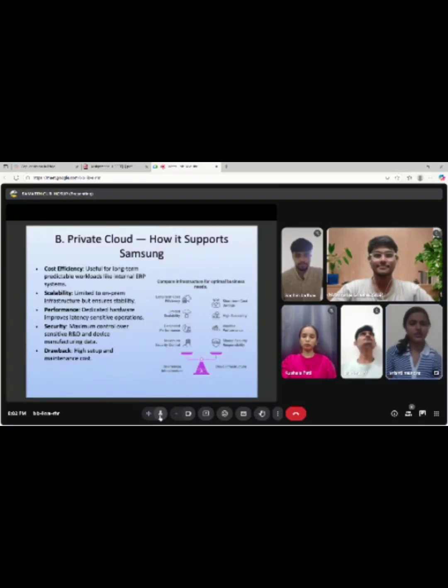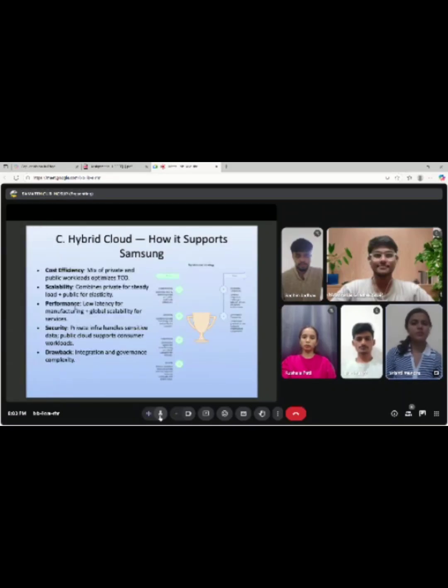Next is hybrid cloud. The hybrid cloud combines both private and public cloud benefits. For Samsung, this model offers cost efficiency as private handles steady workloads while the public cloud supports variable demand. It provides good scalability and low latency, which is helpful for manufacturing and global services.